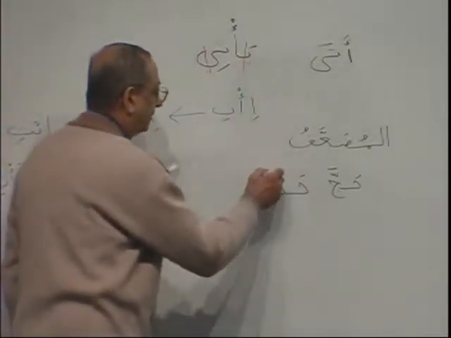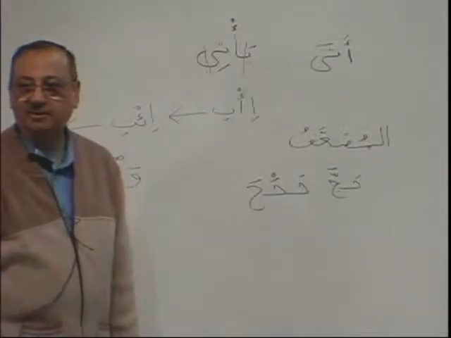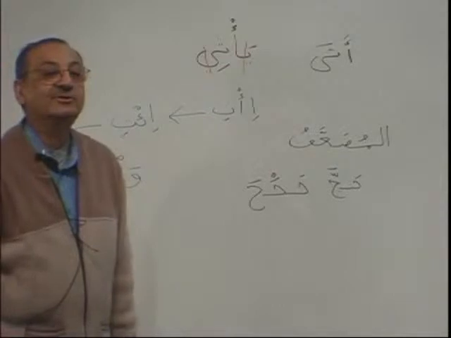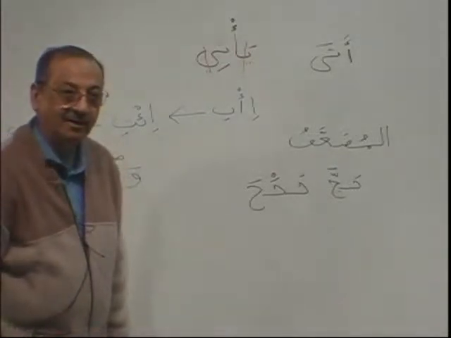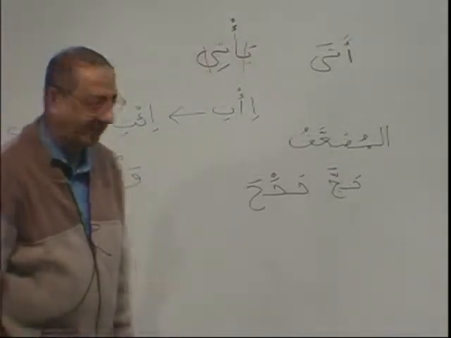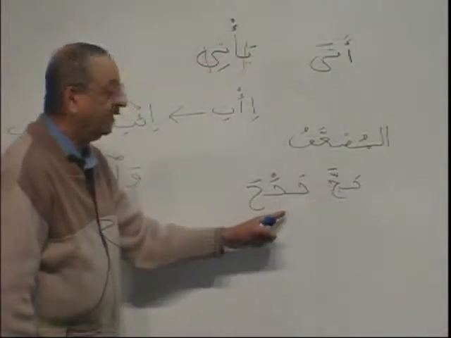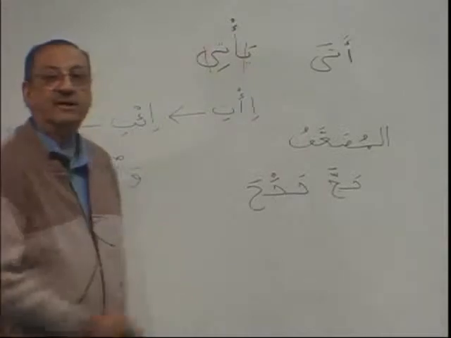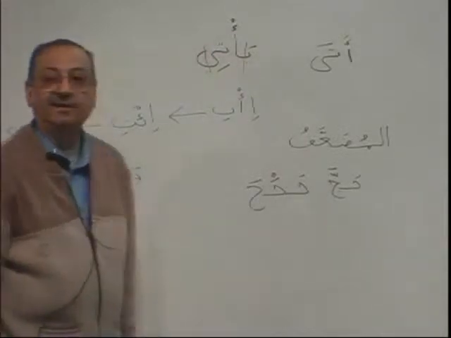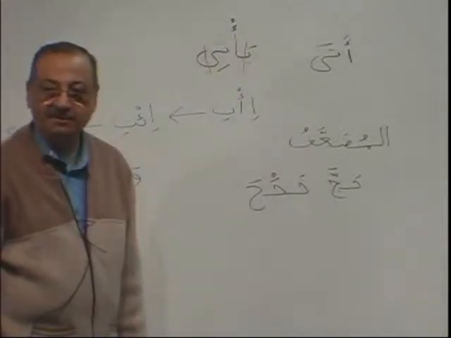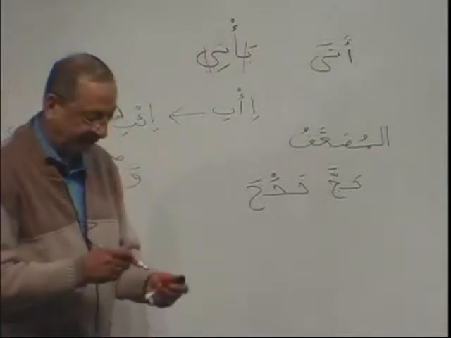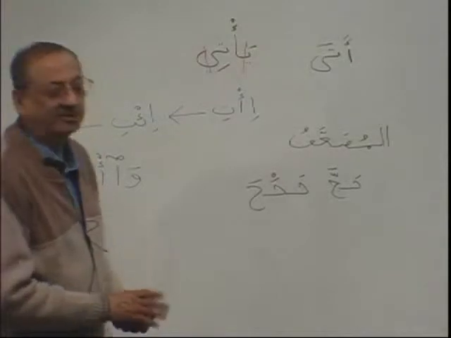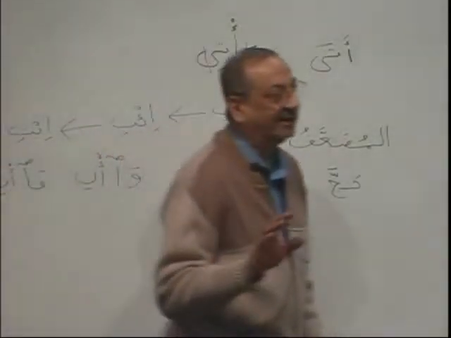So the vowel sign is dropped, and now we can do idgham. Hajja is originally hajaja, and then we drop the ain kalima's vowel sign, fatha, so it gets a sukun and becomes hajja. Now this is very nice and beautiful and easy.